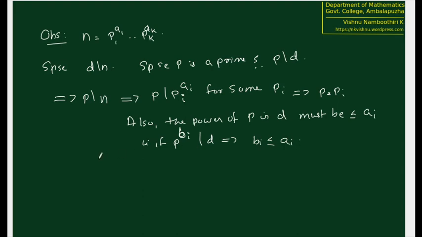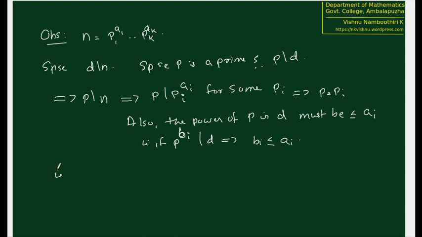That's also there. So the final conclusion is the following. To find all the divisors of n, we need to take all the primes in n and take all possible powers of those primes appearing in n, from the least to the maximum.